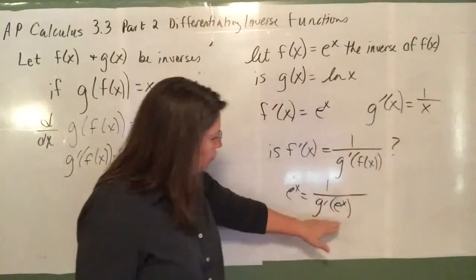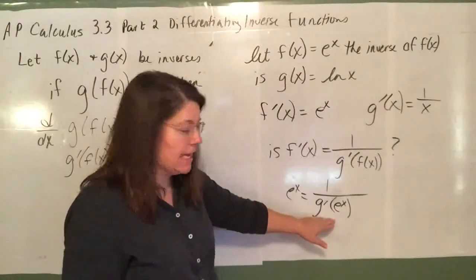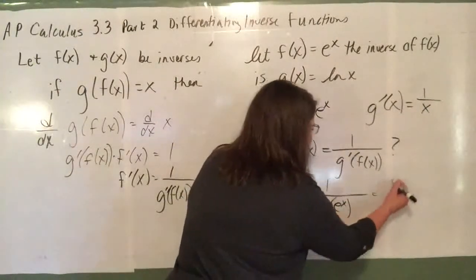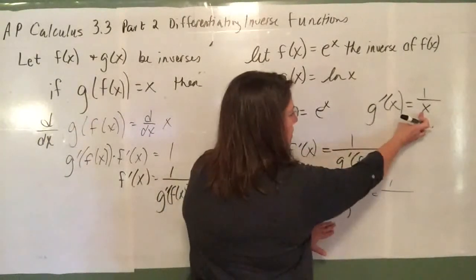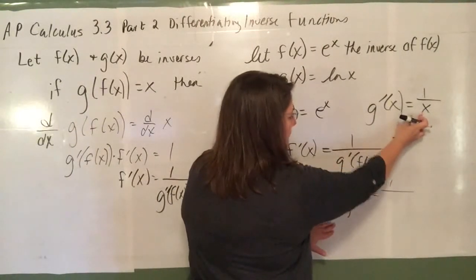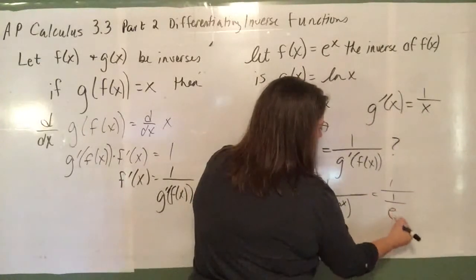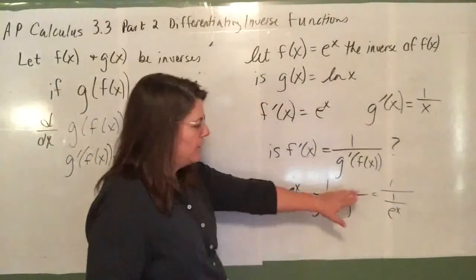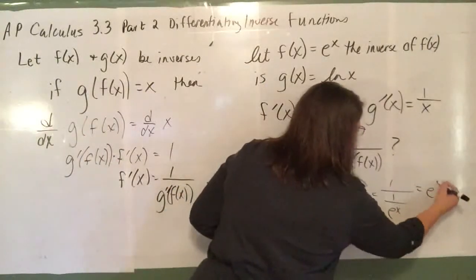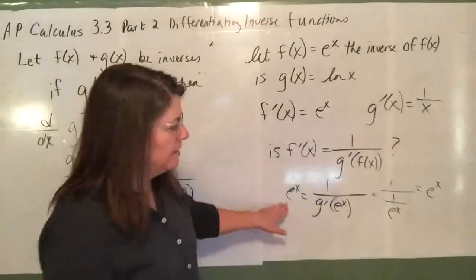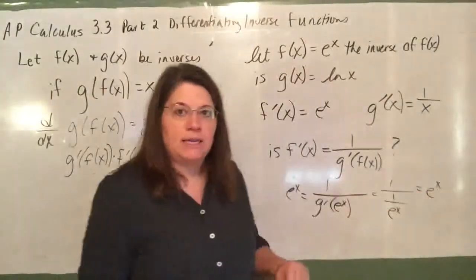So if we're looking for g prime of e to the x, we're going to plug e to the x into the g prime function. So that would be 1 over e to the x. Well, then we can invert and multiply and see that we do end up with what we started with. E to the x does equal e to the x.